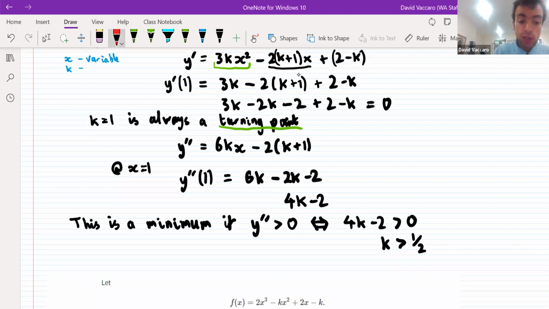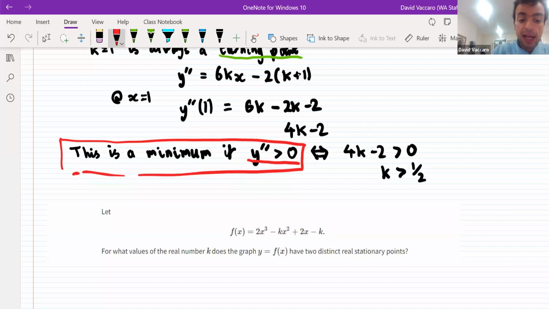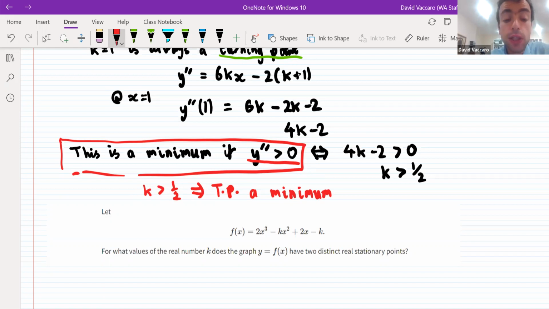Because what I've said is true, okay? That if the second derivative is positive, then there is a minimum. So what I've shown so far is that if k is bigger than 1/2, that implies that the turning point is a minimum. It's also the case that the turning point is a maximum if y double dash is less than 0.